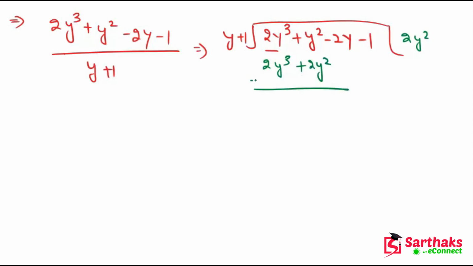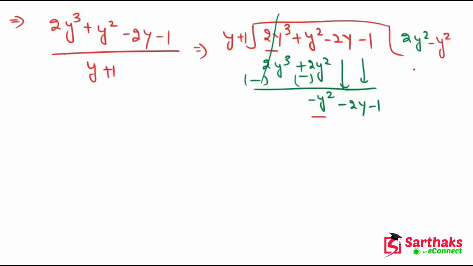Subtracting, the 2y cube becomes 0, and we get minus y square, and the remaining terms stay the same, minus 2y minus 1.